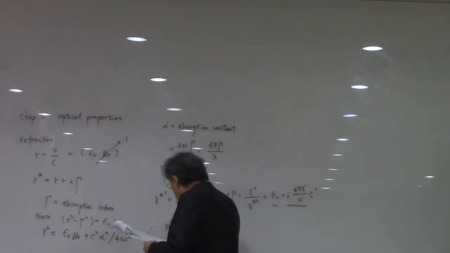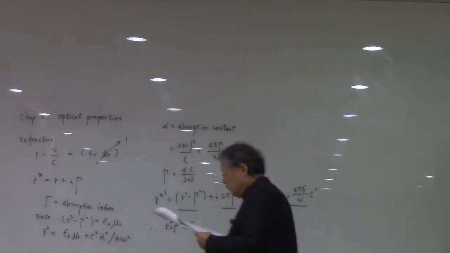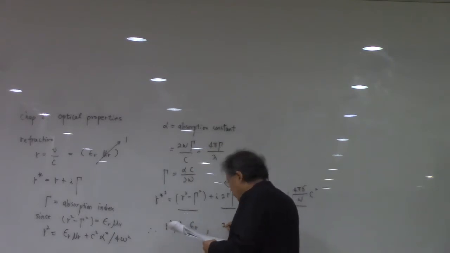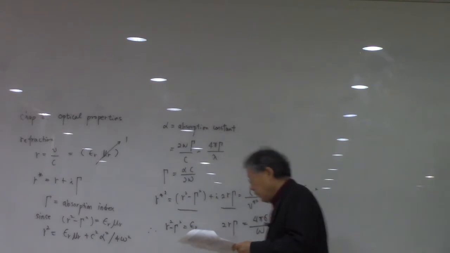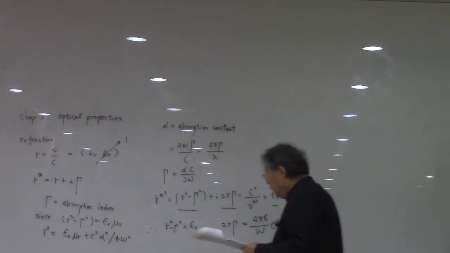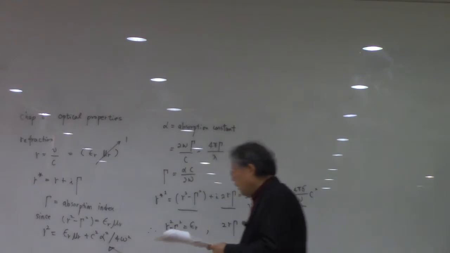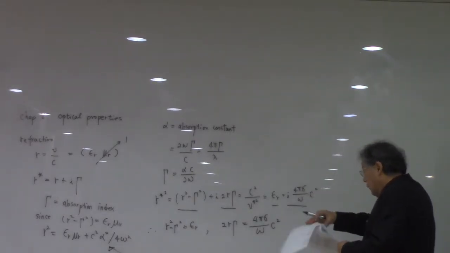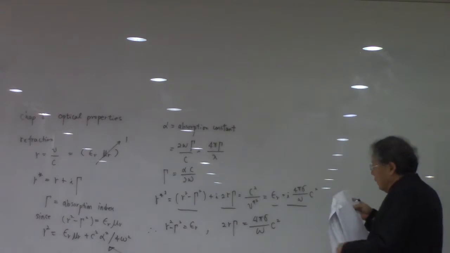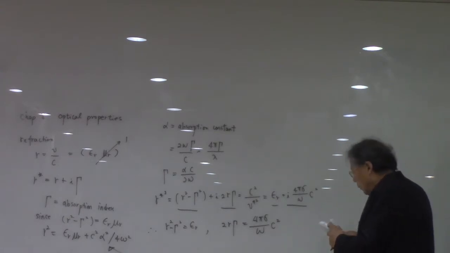R square minus gamma square is equal to the dielectric constant, and 2R gamma can be related to 4 pi sigma over omega c squared, as we have seen. So you can have this equation. That is the optical properties that we have discussed so far.